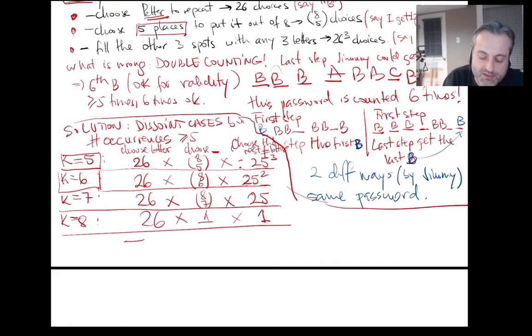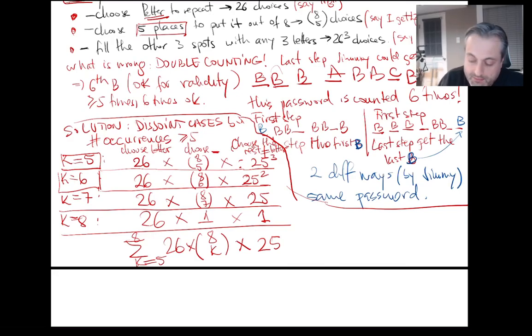So this will be a sum from k equal 5 to 8 of 26 times 8 choose k times 25 to the power 8 minus k. That will be the remaining spots. So the answer will be this formula.